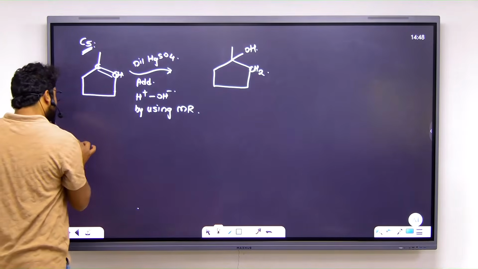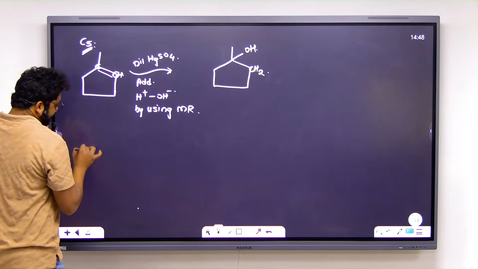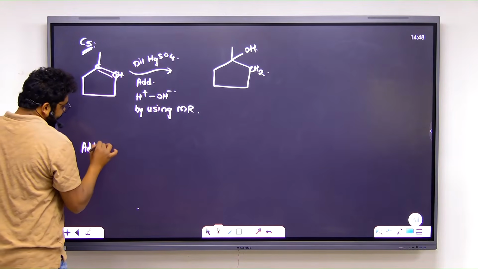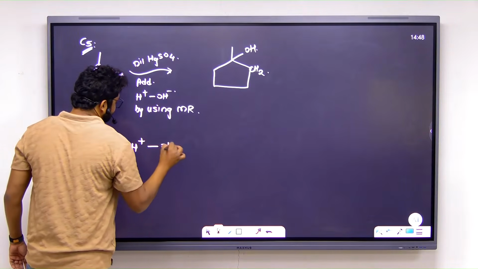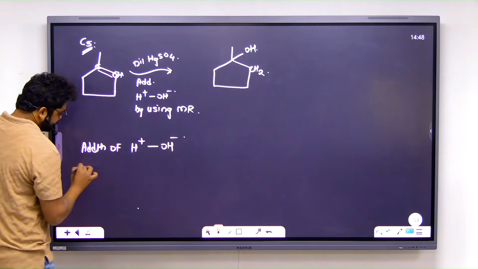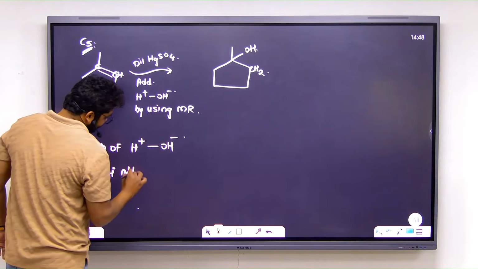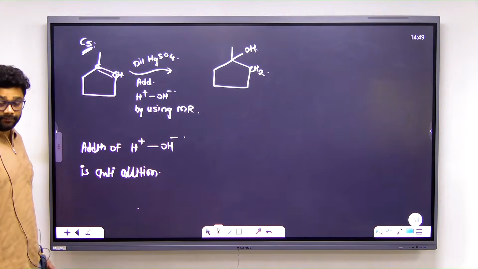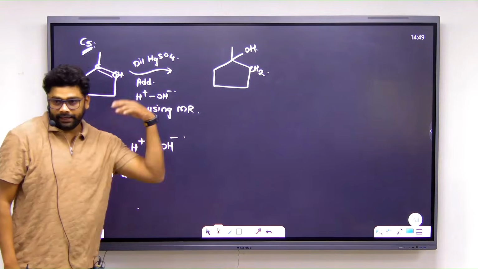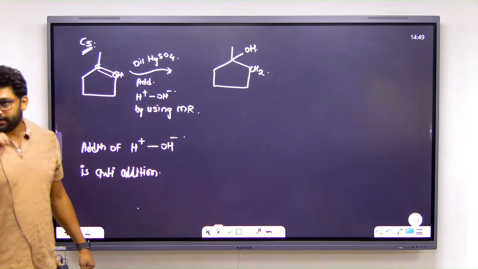So case 5 is what? Addition of H and OH is an anti-addition.